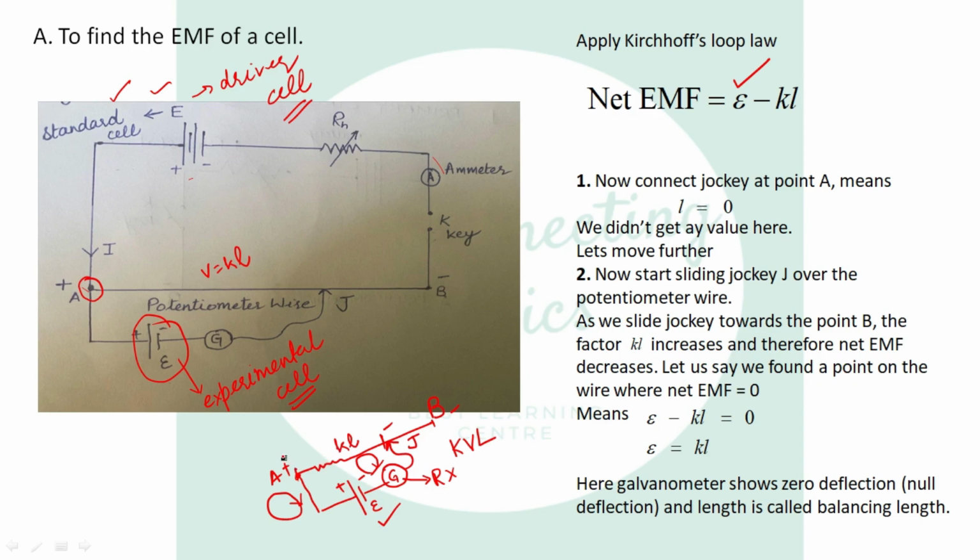Here we are going from lower potential to higher potential, so the EMF will be positive. So using KVL, we get net EMF equal to E minus K into L.